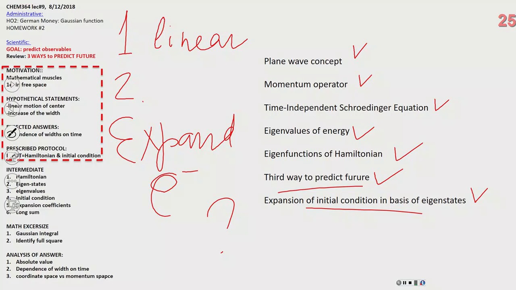So we can sketch a plan how to address, how to prove our hypothesis right or wrong, how we can practice our third way to predict the future in application to a fantasy universe with a single electron in one dimension. I hope it was not protested against boring nature.